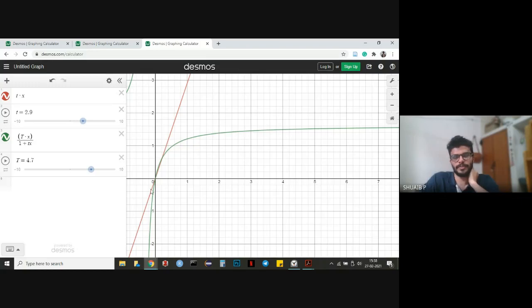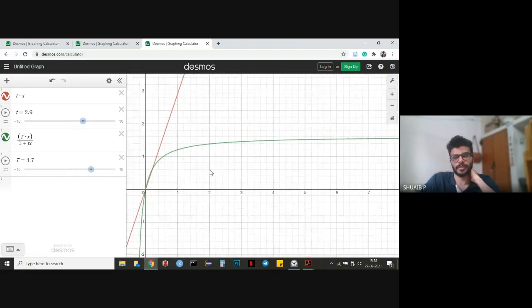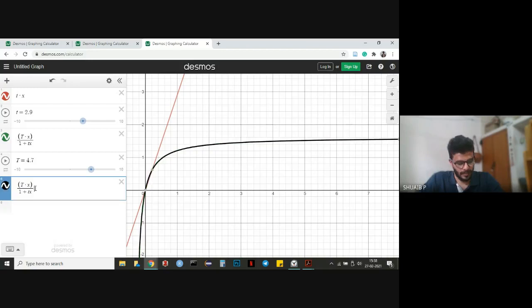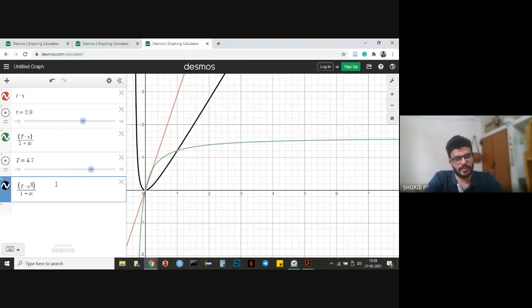So this would be a functional 2 response, when a predator follows a functional 2 response with respect to the prey density available. Now we can further complicate this by making the function second order.